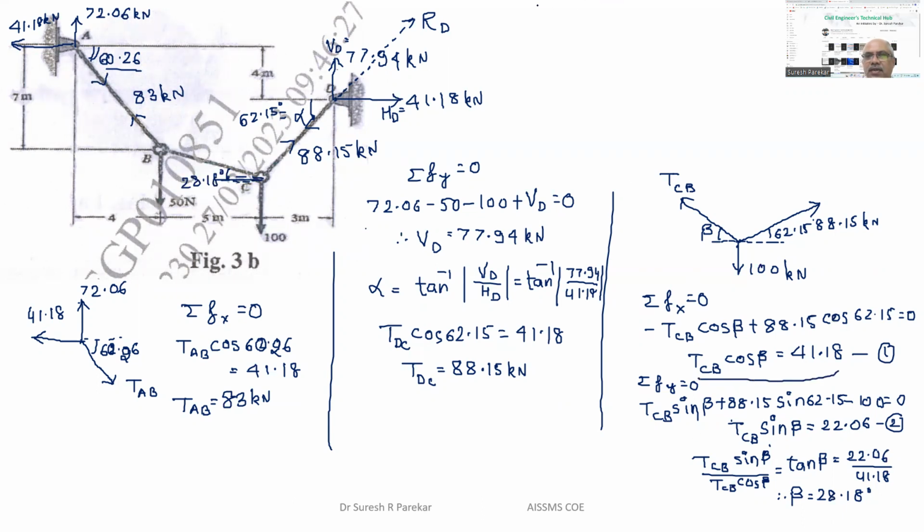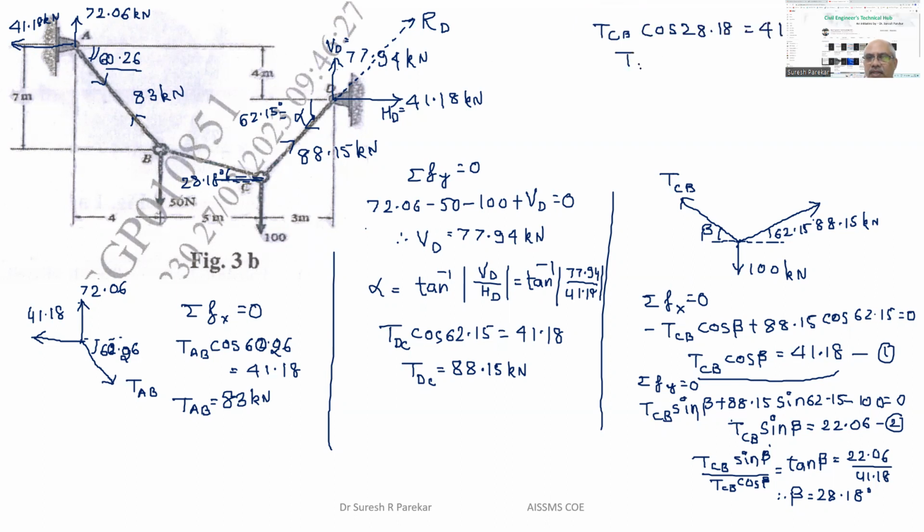So we have this equation, that is TCB cos of 28.18 equal to 41.18.